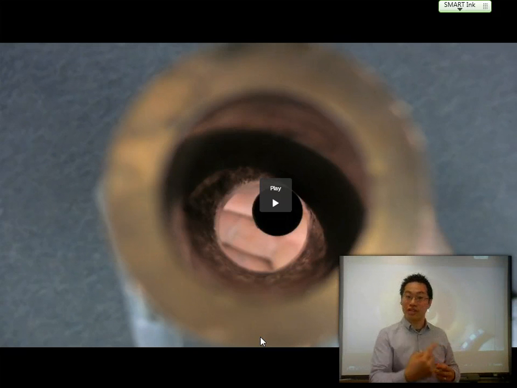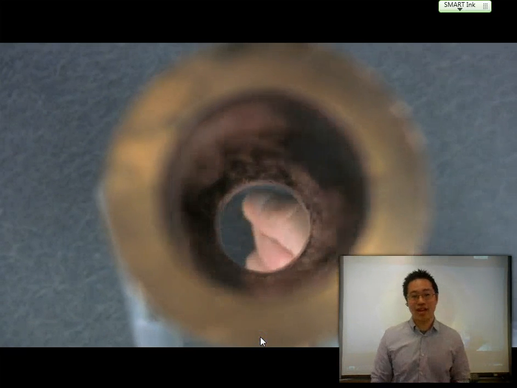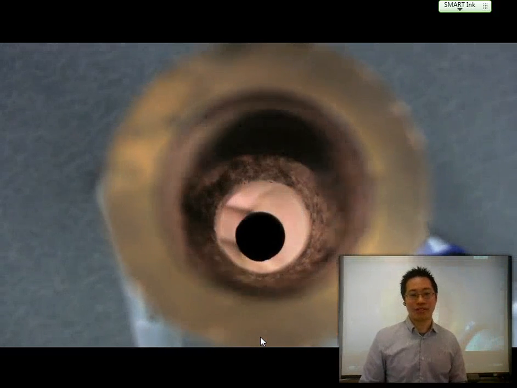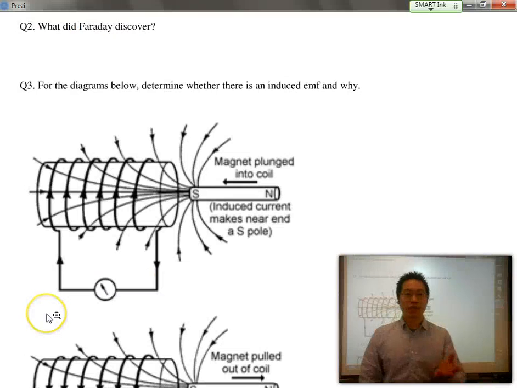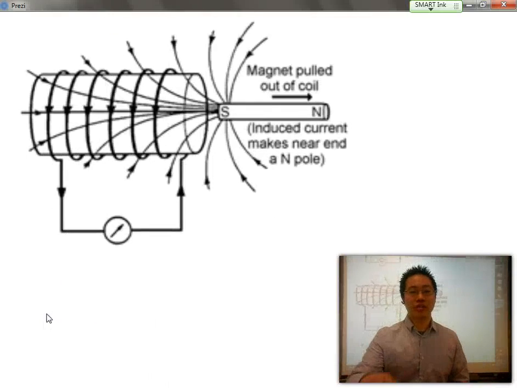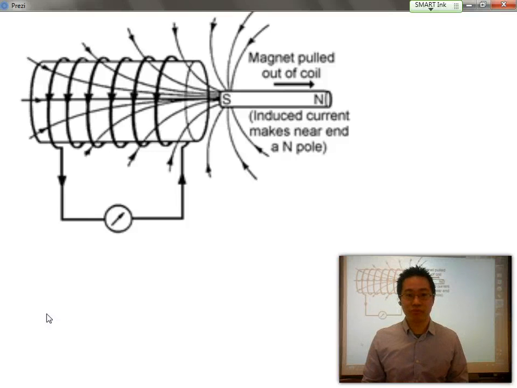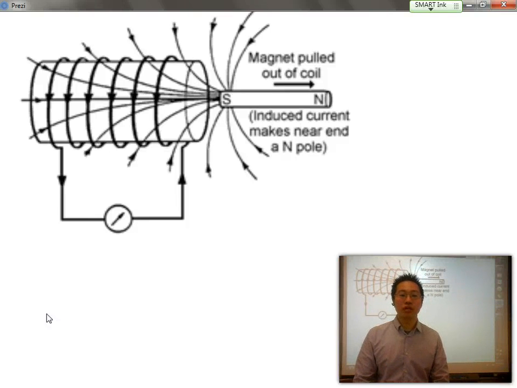It creates a current. There's actually a current within the copper pipe, and due to action-reaction, there ends up being a force acting on the magnet, which prevents it from falling down at the right speed.